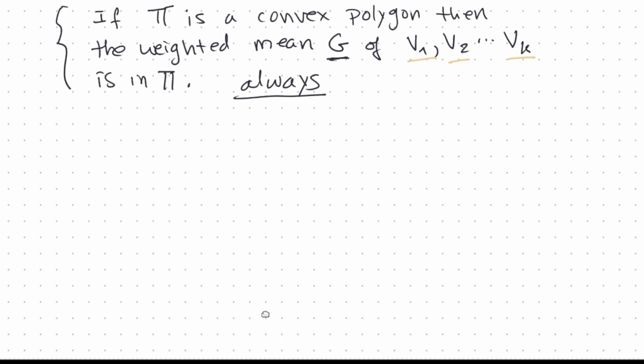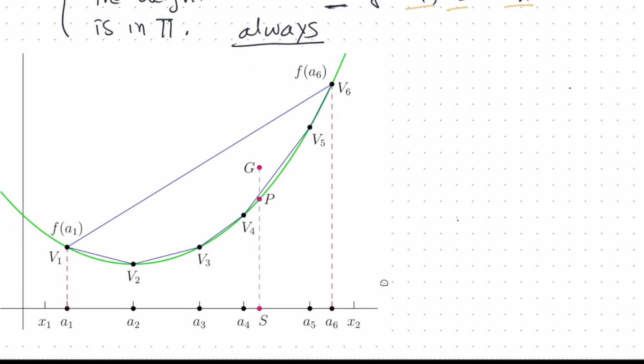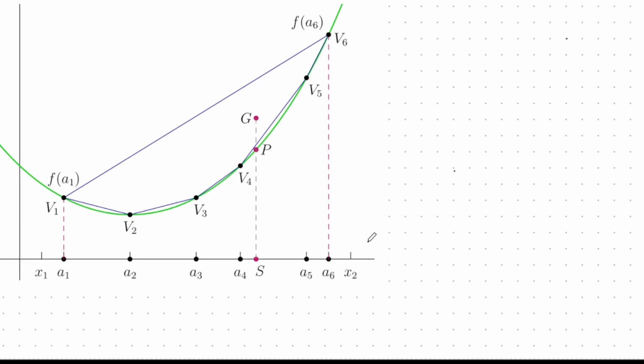I need my figure now. Here's my figure, and let's take stock of this. Let's have a careful look at what is going on here. So I have my domain of convexity, x1 to x2, with x1 less than x2. I have guaranteed that the function is convex on this domain, and I choose some points.